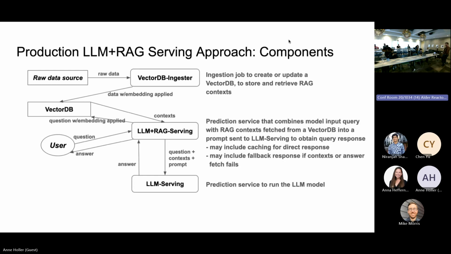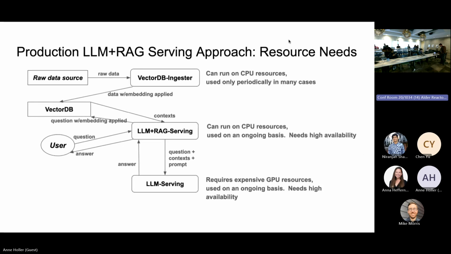And then you have an LLM that's running separately. Each one of these components has different compute and CPU requirements, and we'll get into those a little bit later on. That incidentally is a big part of the complexity that you have to contend with when you try to run this yourself. So the first two components up there at the top primarily run on CPU resources, and they're only used periodically.